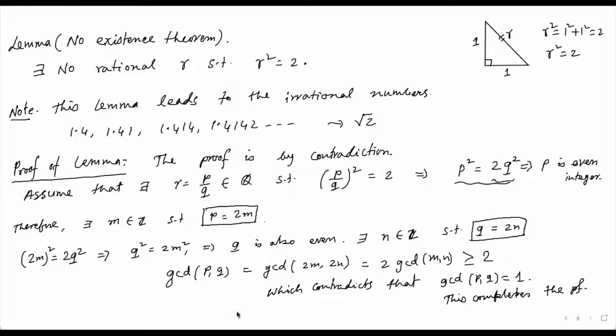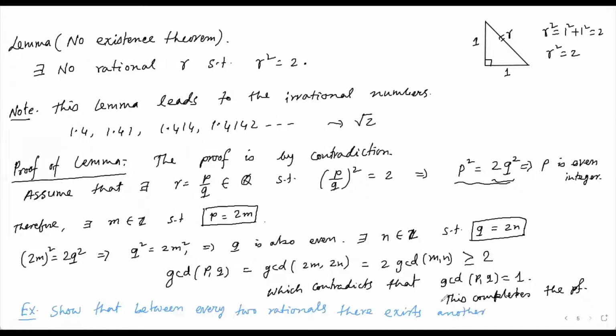And now we have an exercise over here. So let me change the color. Show that between every two rational numbers there exists another.